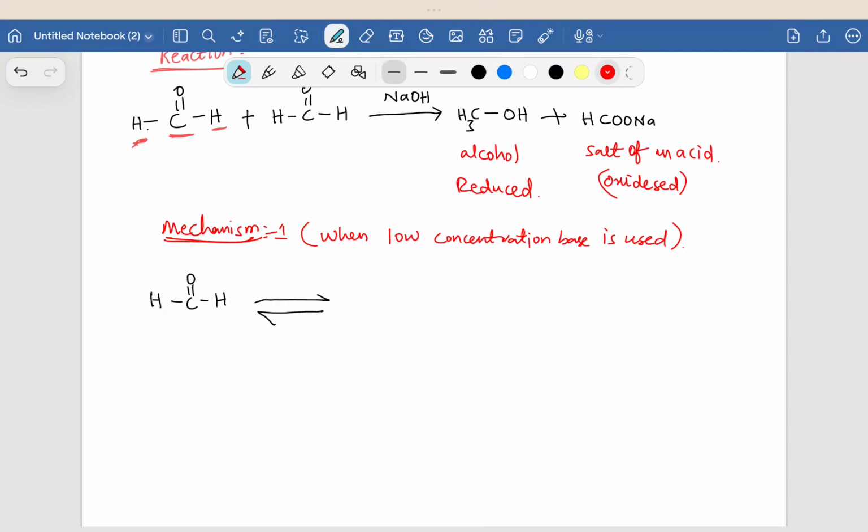See, I have taken one aldehyde group, then I take OH minus from the base, so it is acting as a nucleophile.